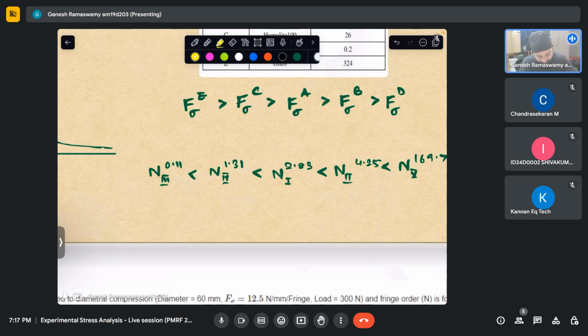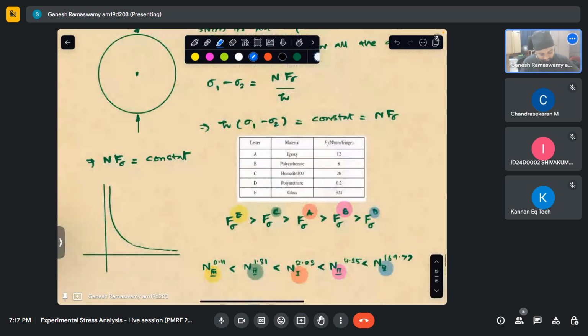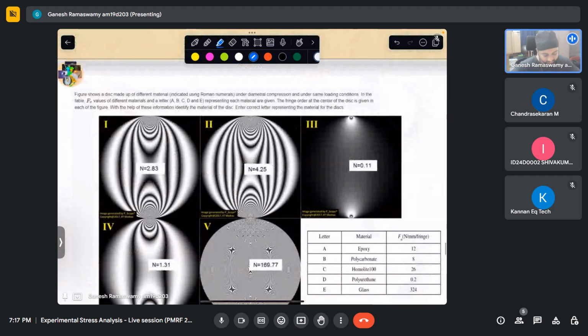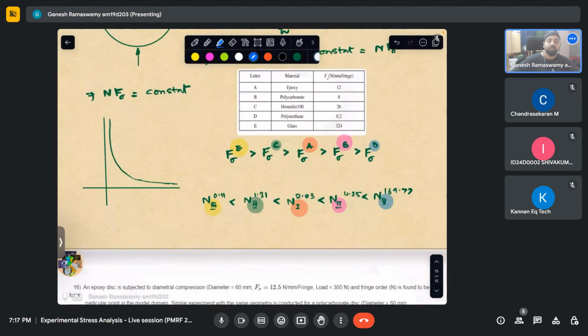This correlation we can draw: E is 3, C is 4, A is 1, B is 2, and D is 5. So anyway, that is what is asked. I have not put those questions. It just asked to identify and enter the correct letter representing each of the materials. So A to E materials are given and we can identify which are the materials. So I hope that is clear.